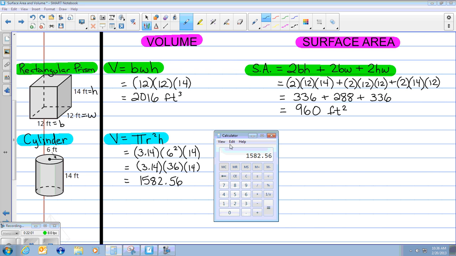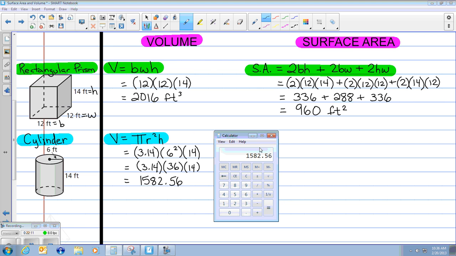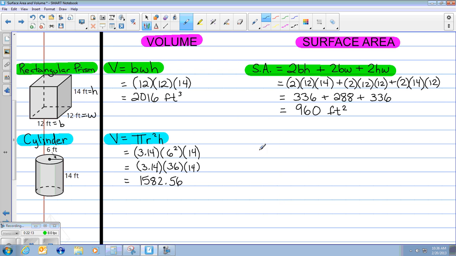Kind of a cool trick with a calculator: if you're working on the computer and you've got a text box or somewhere that you need to put in your answer, you can always edit, copy, and then go back to where you're working and paste it. That could be really handy, and that way we wouldn't have accidentally written the number down wrong. So that's kind of cool.